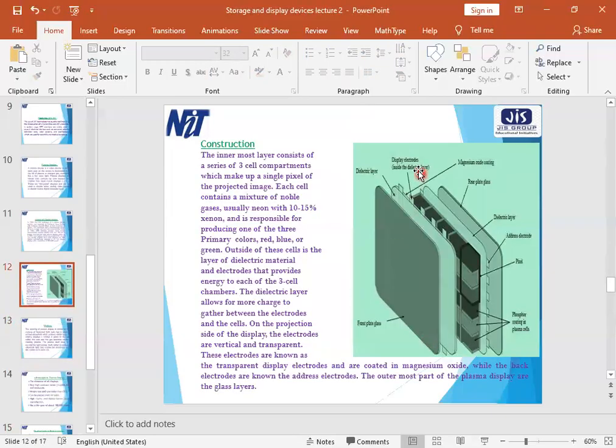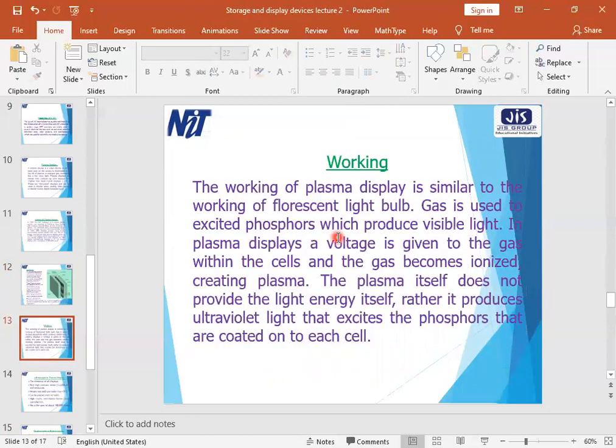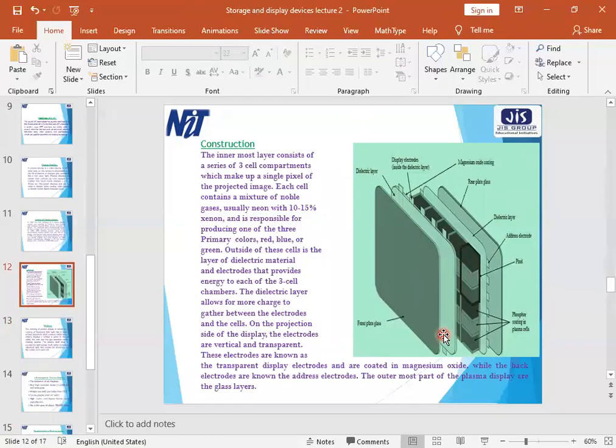And when they become ionized, plasma will be formed, because plasma is the collection of charged particles. Now, plasma itself does not provide the light energy, rather it produces the ultraviolet light. So visible radiation will not be produced. Ultraviolet light will be produced because of this plasma, which excites the phosphors. So this will excite these phosphors, and because of that, visual display will be seen on the glass.